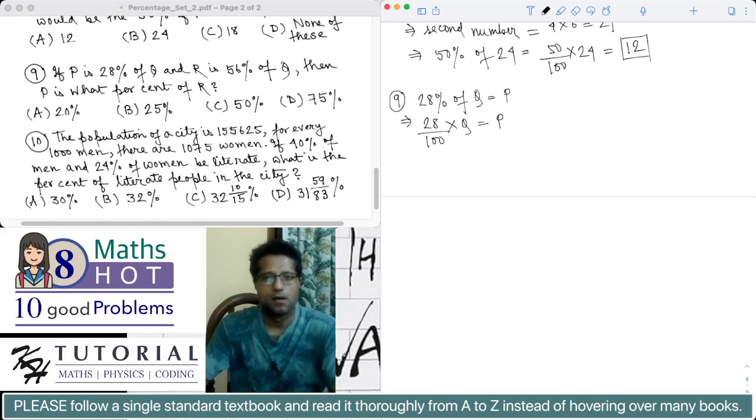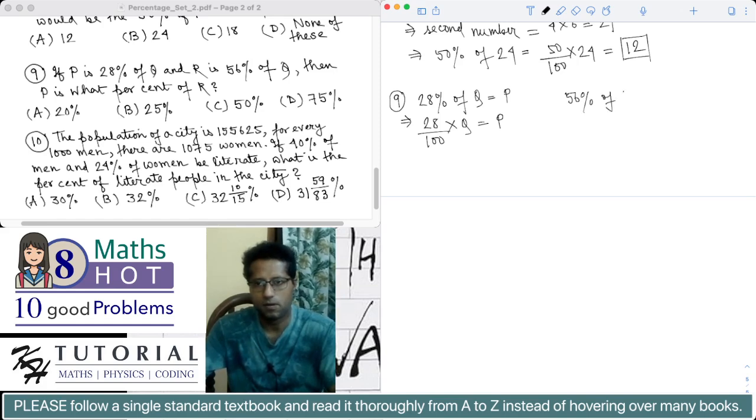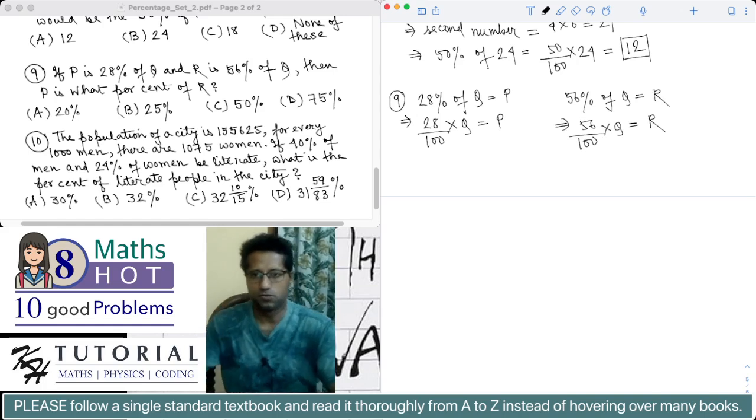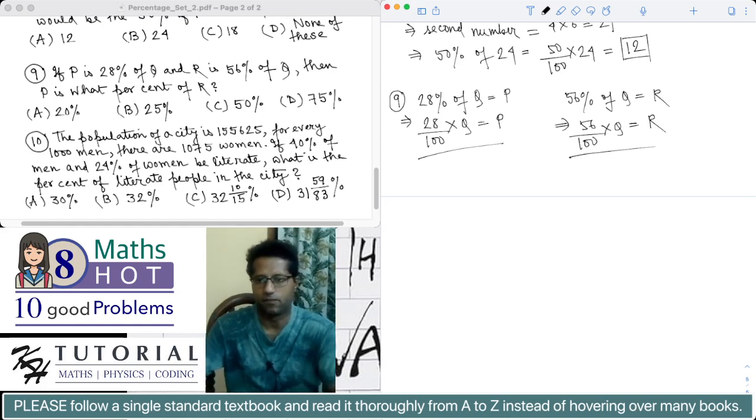Okay. Also it is given that R is 56% of Q. So 56% of Q is equal to R. This implies 56 by 100 multiplied by Q is equal to R. So these two pieces of information we have from the given data. Now it is asking, what is the question?